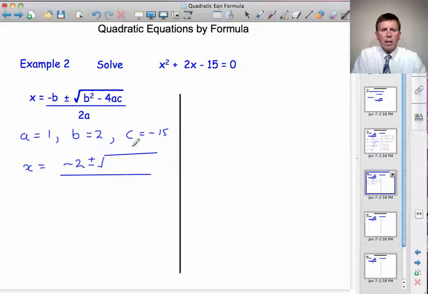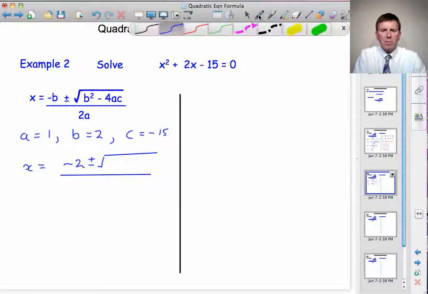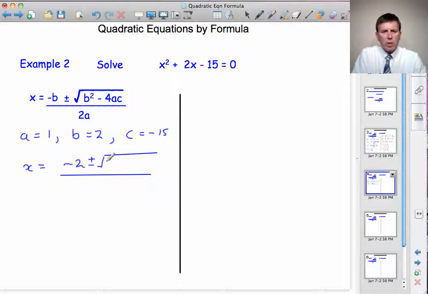of b squared minus 4ac. b squared will be 2 squared, and we've got minus 4 times 1 times, and I'll put it in a bracket since it's negative, minus 15, divided by 2a, which is 2 times 1.